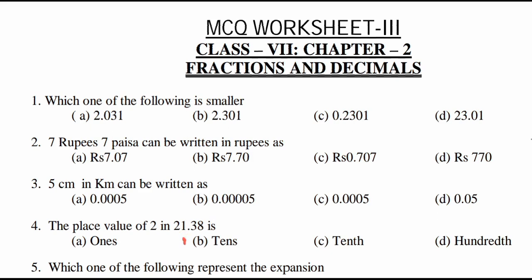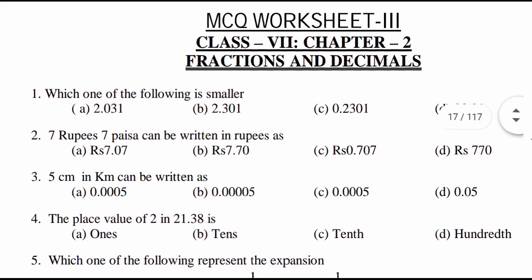Here it is ones, here it is tens, it is called tenths, it is called hundredths. So we can say that 2 is in the tens position. So we can write the place value of 2 as 2 tens. Here you have to write the answer as 2 tens. So consider this answer 2 tens.